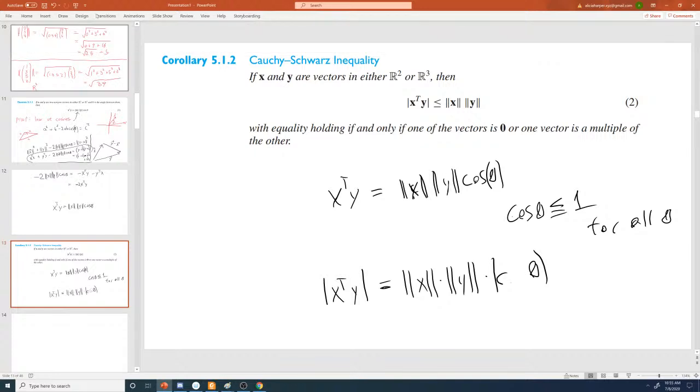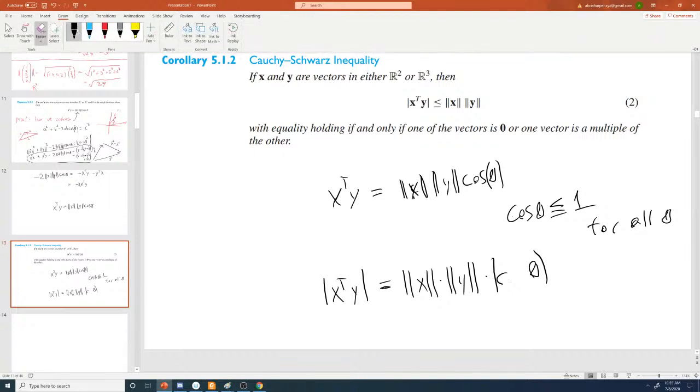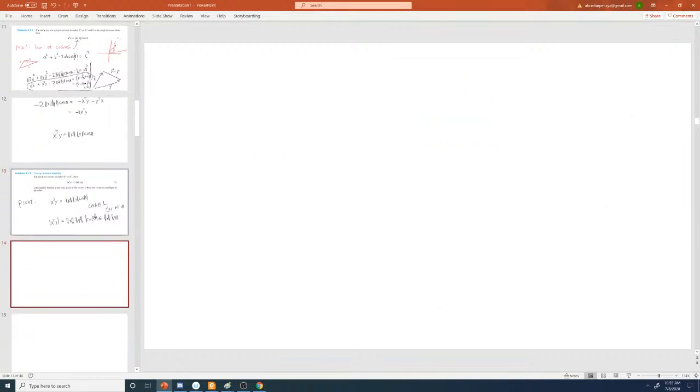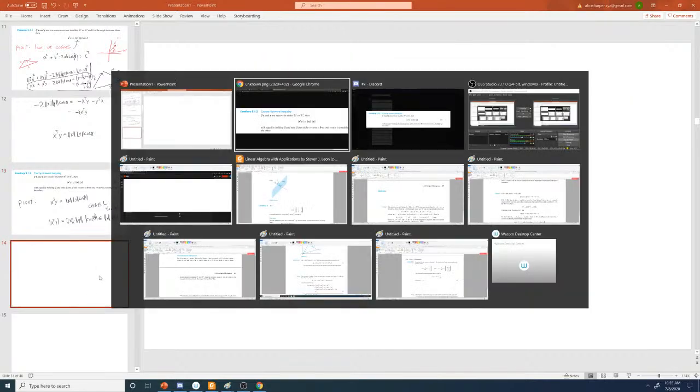Since we know that this absolute value is always less than or equal to 1, this is always less than or equal to the length of x times the length of y. And that completes the proof of the Cauchy-Schwarz inequality. And it is a very, very useful one.